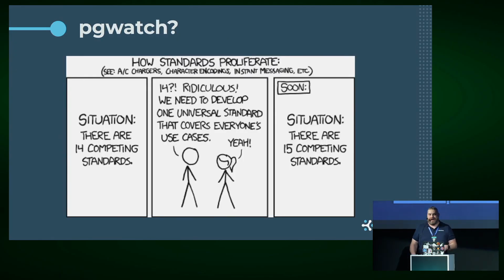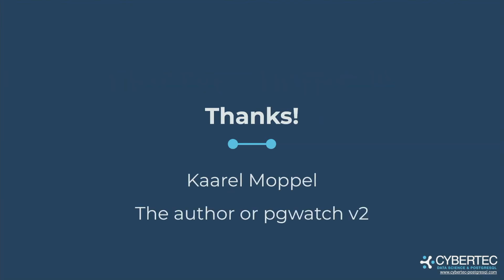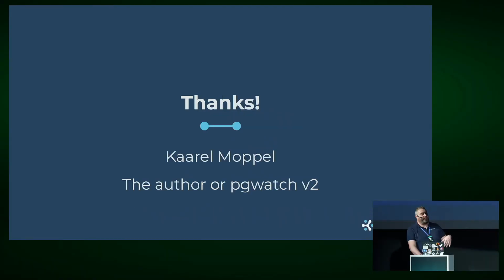So pgWatch. I told you that we have 30 plus different systems. Why do we need another one? Why do we need another pgWatch for that purpose? So first of all, I want to thank my former colleague, Kaarel Moppel. He is the author of pgWatch version 2. If you want to ask what happened to pgWatch version 1, nobody knows.